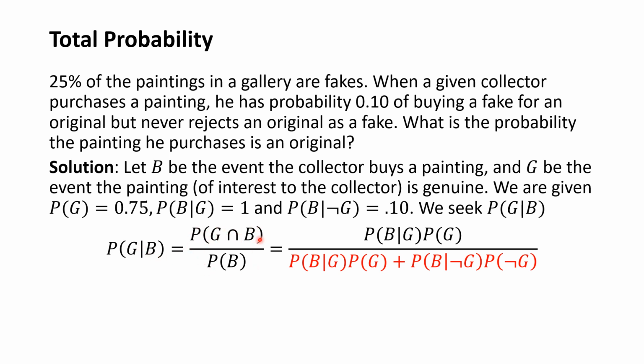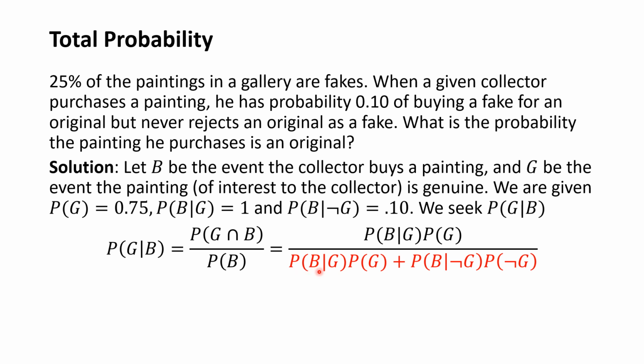Now we can apply the law of total probability a second time to this term here, and we write it out this way. So in other words, the probability of B given G is the probability of G and B divided by G, and then we just write it out this way here.